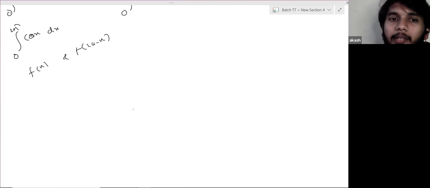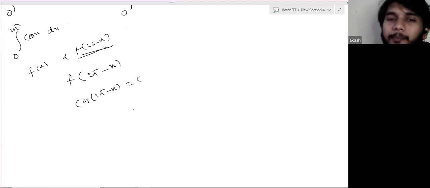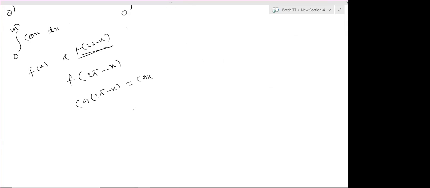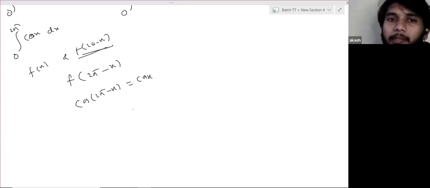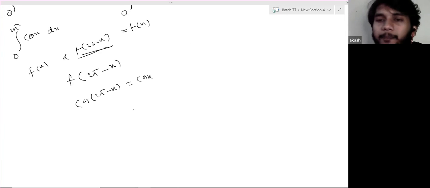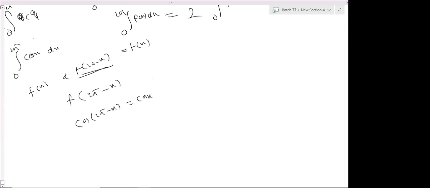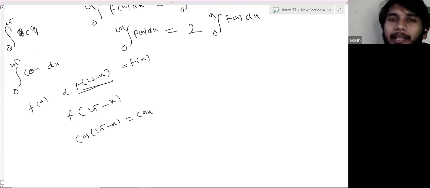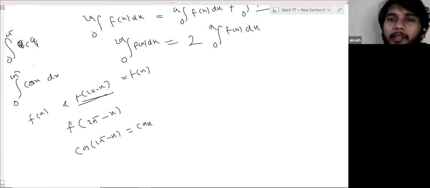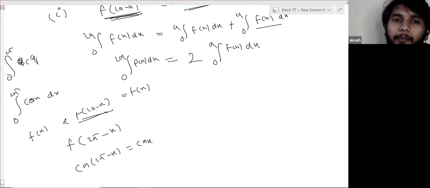So let's calculate f of 2a minus x. It is cos of 2 pi minus x, which is cos x itself. Yes or no? So f of 2a minus x becomes f of x itself. Clear? Correct. So if that happens, then we can write this directly as 2 times integral 0 to a f of x dx. All right.